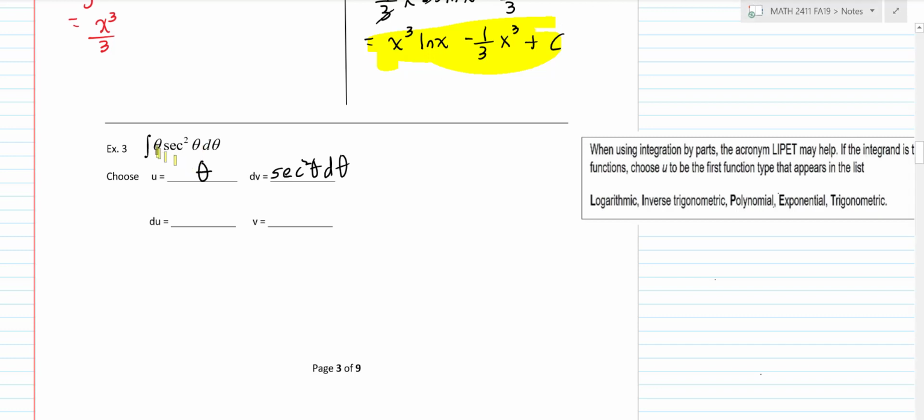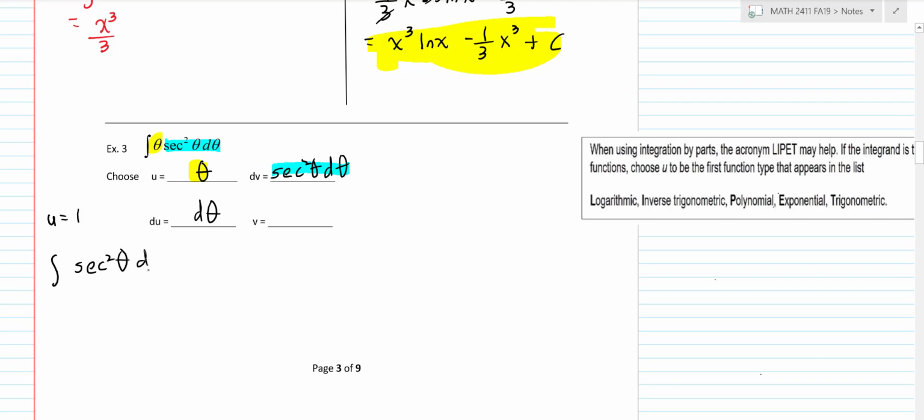All right, so the u will just be this part. And then the dv will be this part right here. Okay, now that's kind of contradictory to what this says. So this is a general guideline. But so you don't always go by that. It's just, hey, this should pop out at you as an easy integral to do. Okay, so du is going to be the derivative of theta, which is 1 d theta. Okay, then we have the integral of secant squared theta.